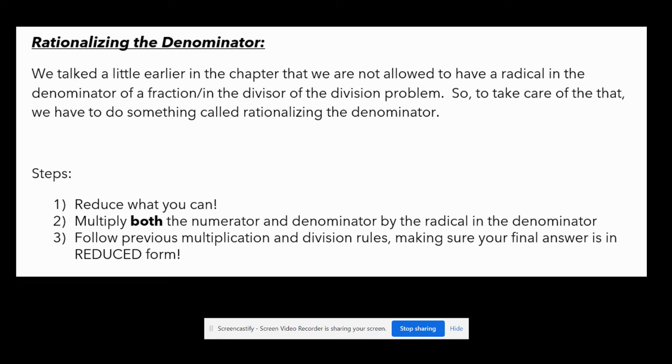But when we get to something where I have, for example, maybe we did the square root of 16 over the square root of 5. Well, we could take the square root of 16 and get 4, but I can't take the square root of 5, and I can't break 5 down, and so we have a square root of 5. Well, I'm not allowed to leave a radical in the bottom of a denominator.